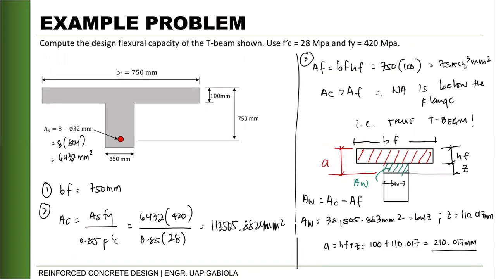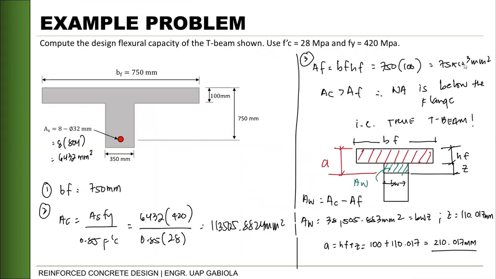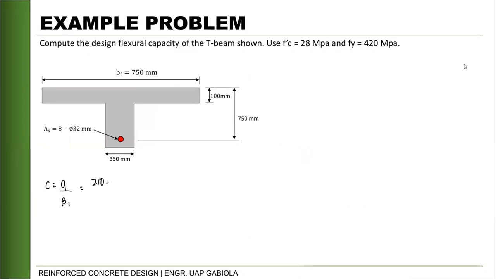Okay? Once we have A, we can now calculate our C. So, our C is just A over beta 1. Since F prime C is 28, so 210.017 divided by 0.85 gives 247.079 mm.